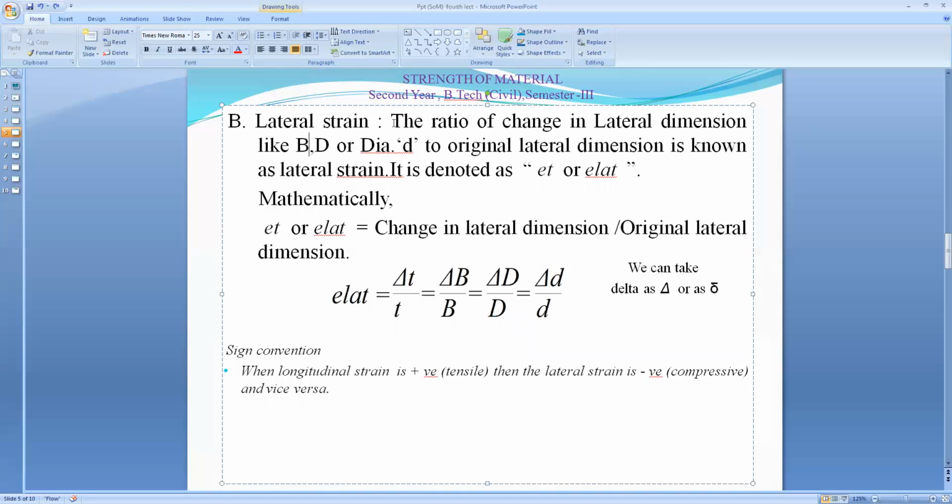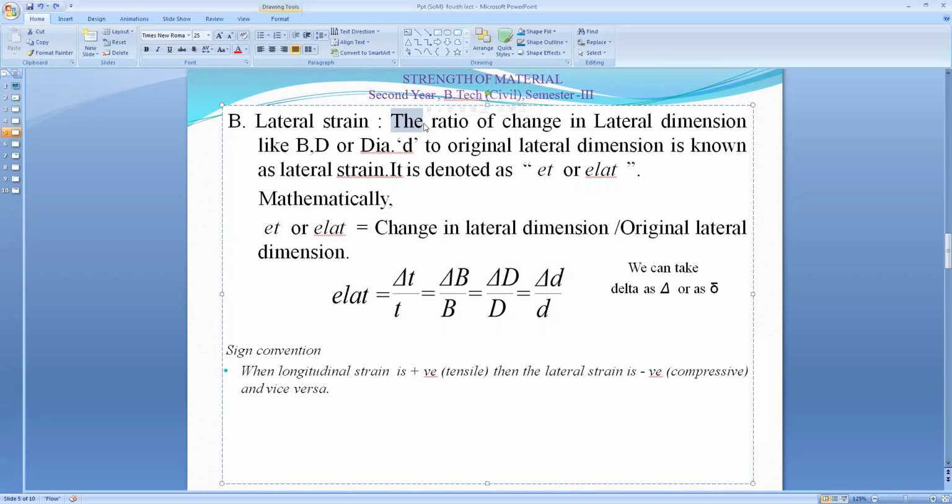Let us consider the lateral strain. This is the opposite concern of the linear strain. When there is an increase in the length of a body, at that time there is simultaneously a decrease in the lateral dimension of that body. Suppose a bar of 16 diameter is taken into consideration for the testing.